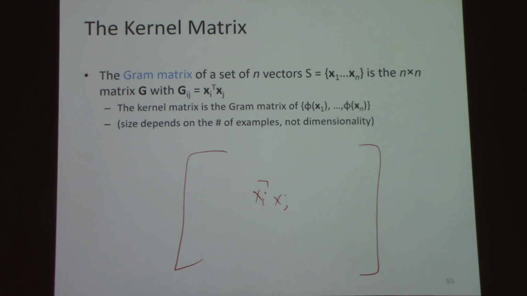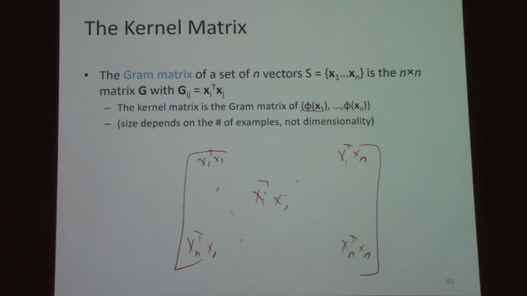So you get x1 transpose x1, and so on, up to xn transpose xn, and every ijth element is xi transpose xj. That's the matrix.